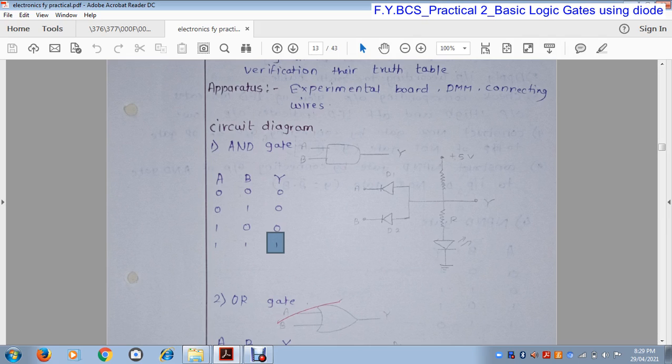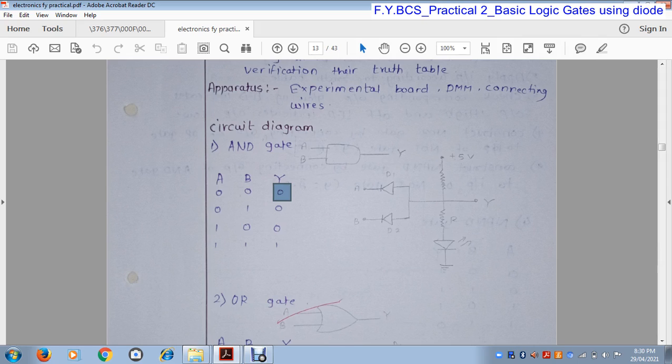Here we use two resistors, R1 and R2. This is the supply voltage, 5 volt. We know that in digital electronics, logic 1 means high logic, and high logic is represented by 5 volt, and binary 0 represents 0 voltage.